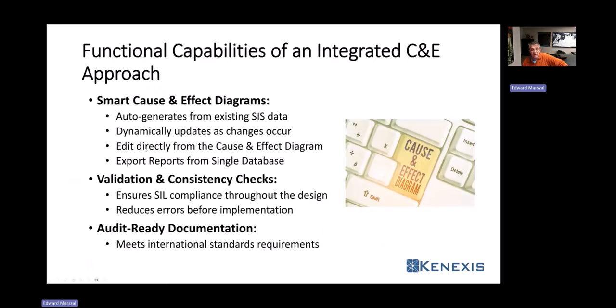And we also allow you then to edit directly from the cause and effect diagram, which is a much more usable approach. So instead of having to go back into a definition of a SIF, click on a sensor and get the form, you can click directly on the sensor in the cause and effect diagram and bring up the related forms. Now, in the future, we're going to make those forms a little bit more powerful.